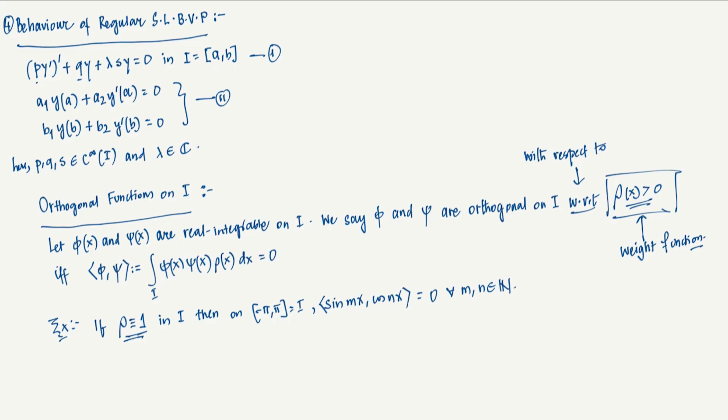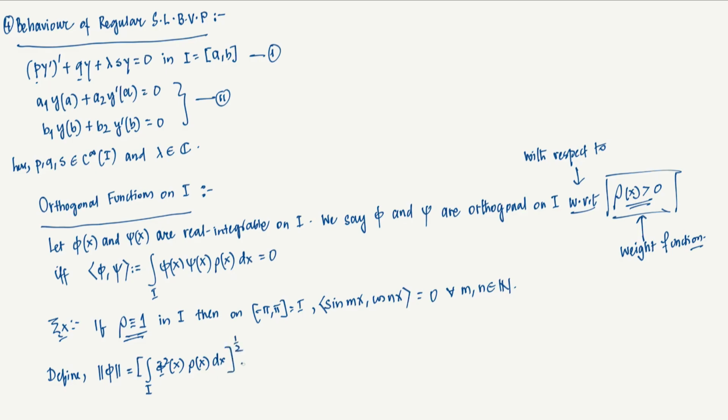Similarly, we can define a norm of phi, which is basically, think of it as the length of a vector. So we define the norm of phi. This is exactly the same sort of thing as the length of a vector. That is the integral over I of phi squared times rho of x dx, to the power half.